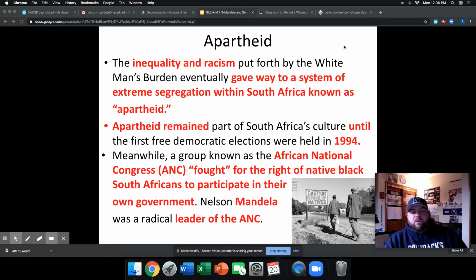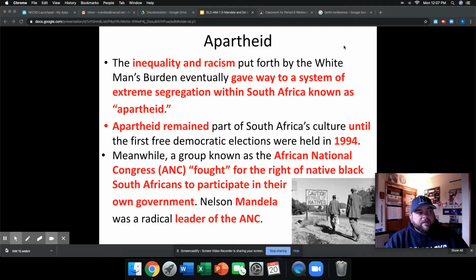Now, when we say segregation, I think we usually think of the American South and water fountains, these are for whites and these are for blacks, and you have to go to different restaurants and sit in certain places and so on and so forth. So this form of segregation called apartheid in South Africa is like segregation on steroids.